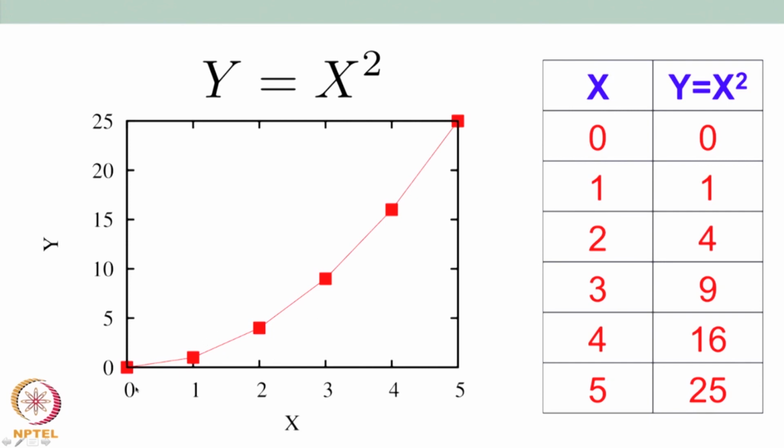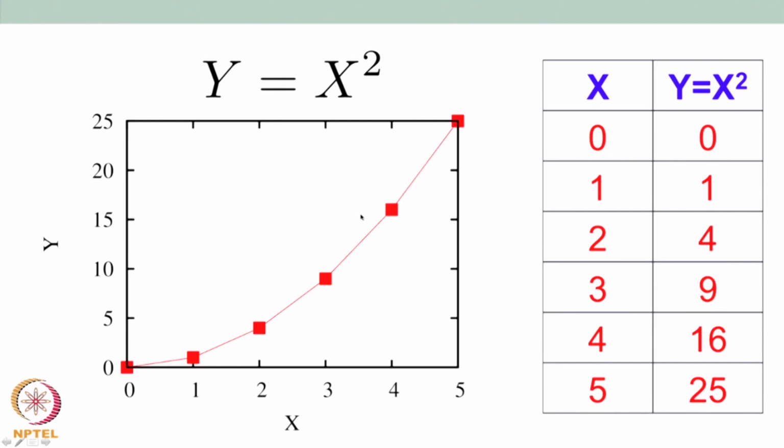In the x axis we have 0, 1, 2, 3, 4, 5, and corresponding to 0, y is 0, 1 square is 1, 2 square is 4, which is just below 5, 3 square is 9, which is close to 10, 4 square is 16, just above 15, and 5 square is 25.